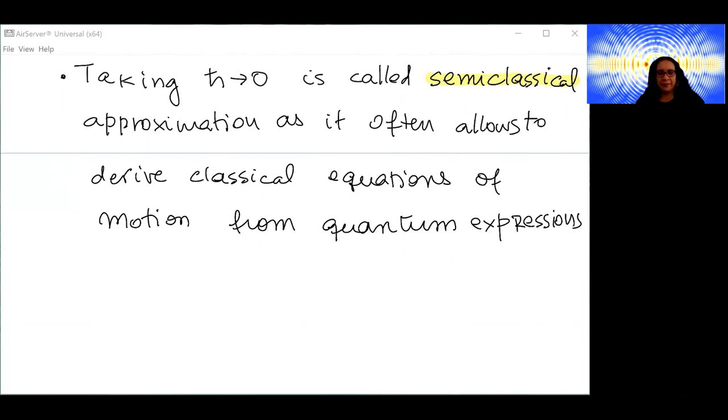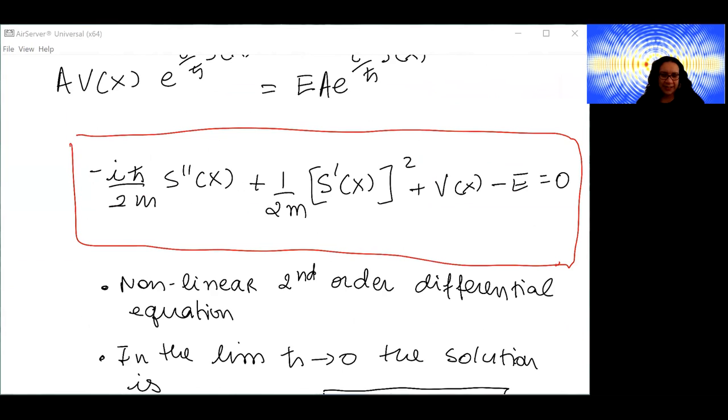So far, this equation is exact. We have not performed any approximation. We have not expanded on anything.